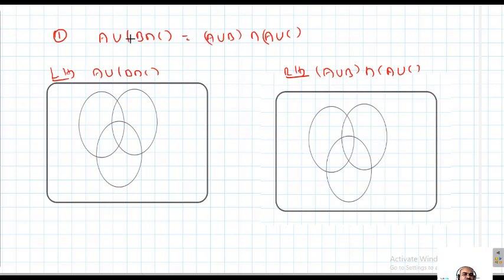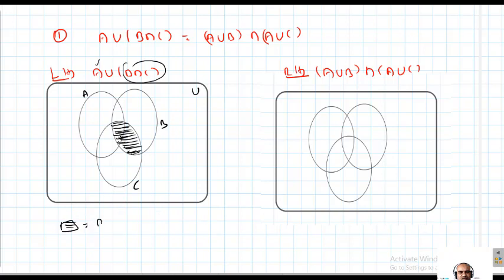To find the area represented by A union of B intersection C, first of all shade B intersection C. After that shade A, the union with B intersection C. So this is A, this is B, this is C. I want to shade B intersection C with black colored horizontal lines.